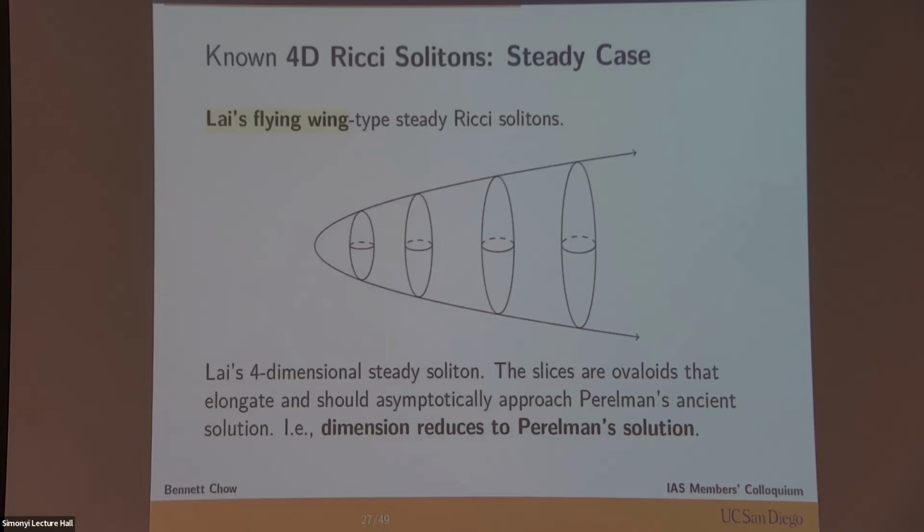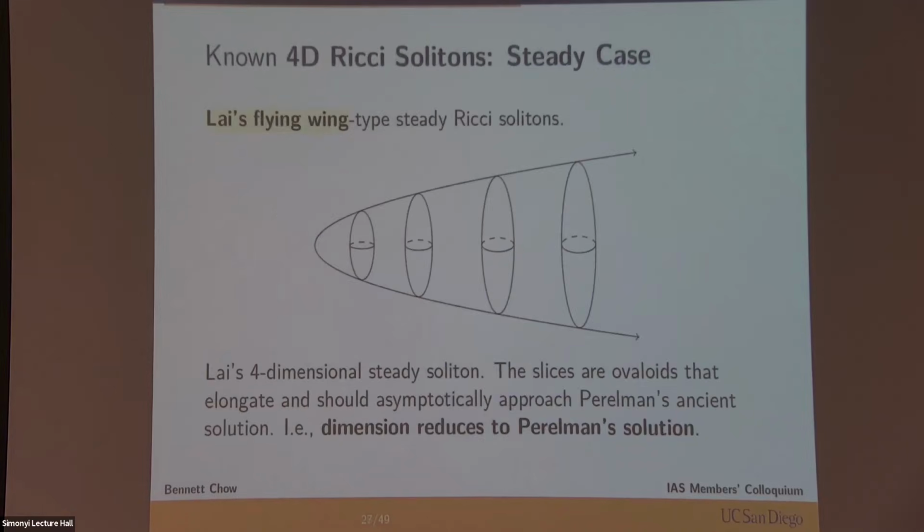And then the idea is that as you go out to infinity, it should look like these kind of ovals, and so those ovals would be one dimension lower, so that'd be like a solution on S3, at least asymptotically, and it should be an ancient solution. So the idea is inside this four-dimensional steady Ricci soliton, you should see kind of Ricci flow in 3D asymptotically, and there is such a solution on S3 due to Perelman.